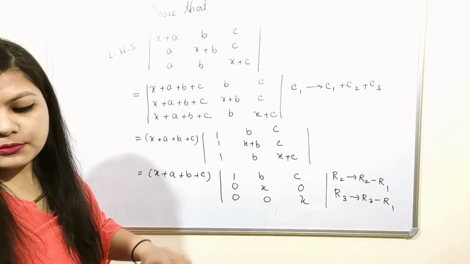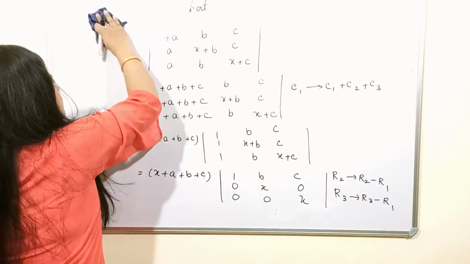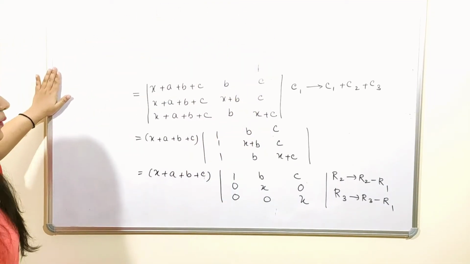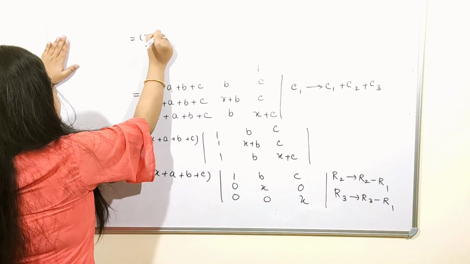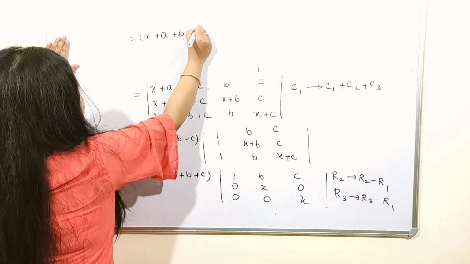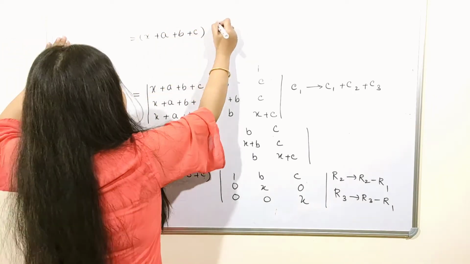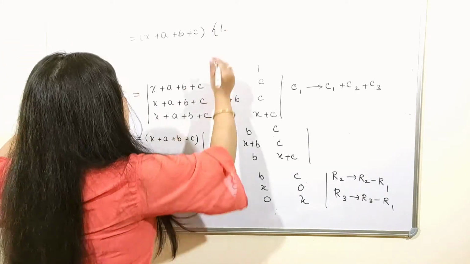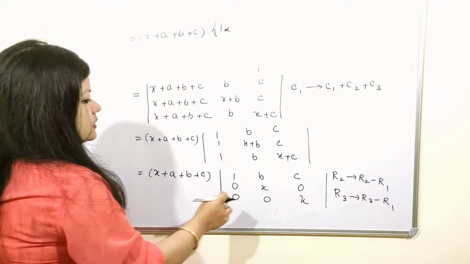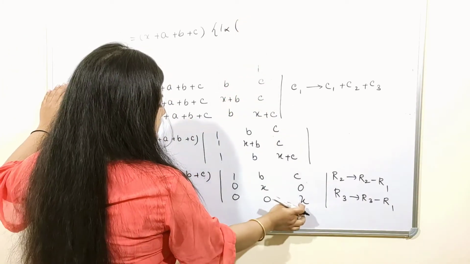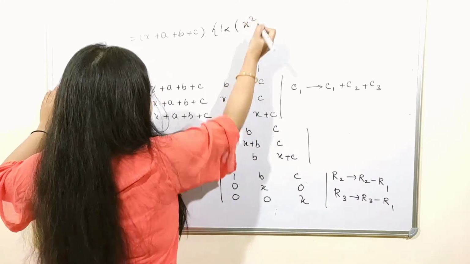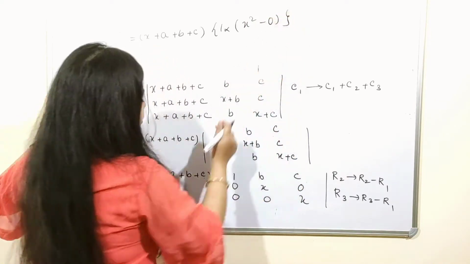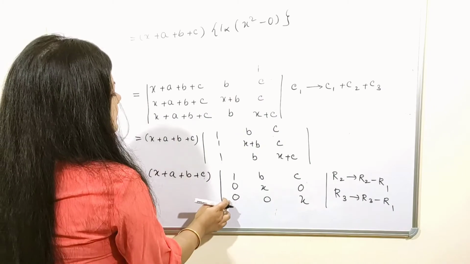After that, if we expand the value, it will be x plus a plus b plus c times the determinant. Expanding along the first column, it becomes 1 into x square minus 0 into 0, which equals x square, and the other two elements are 0.